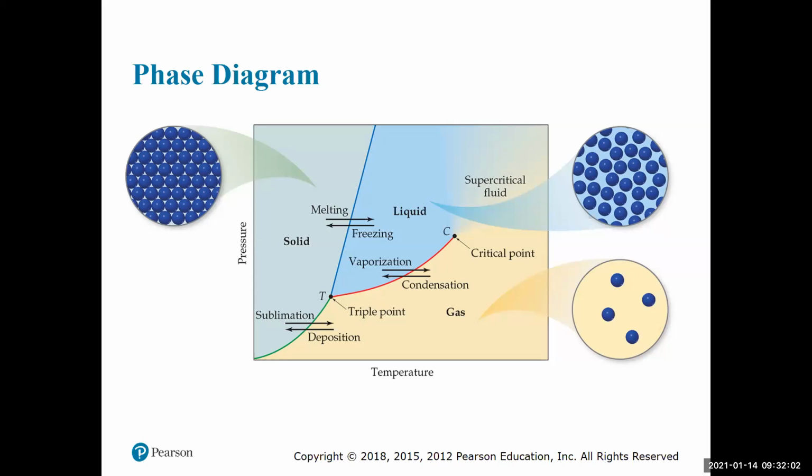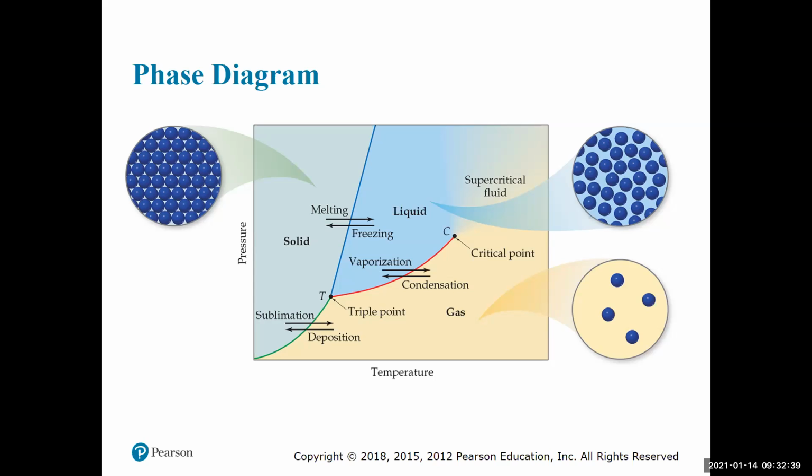If we look down here at the lower left, we see this green line curving up till it gets to that T. That T is the triple point, where solid, liquid, gas, everything is in equilibrium. We don't have a scale on this slide, but we have one coming up, and we can see some actual values for this.